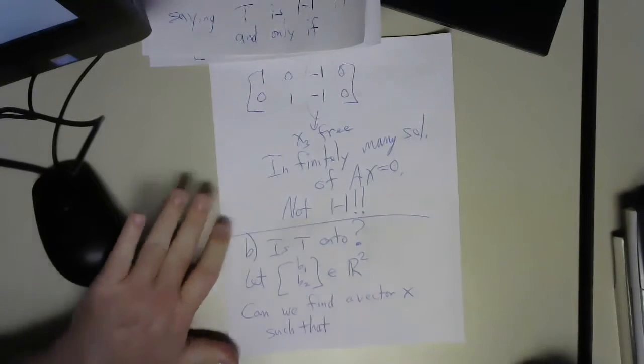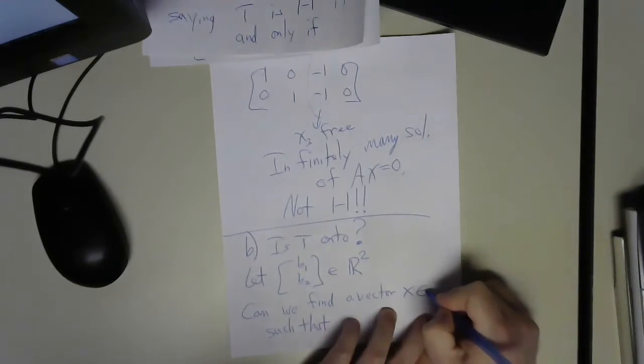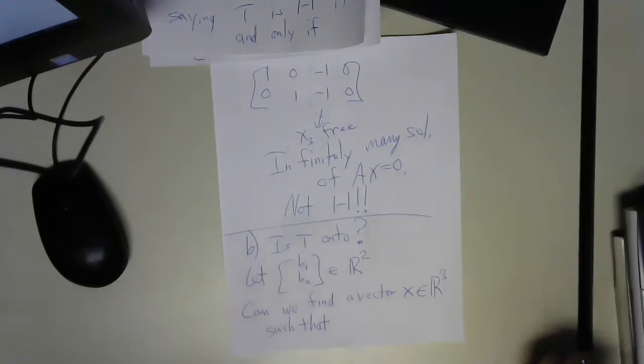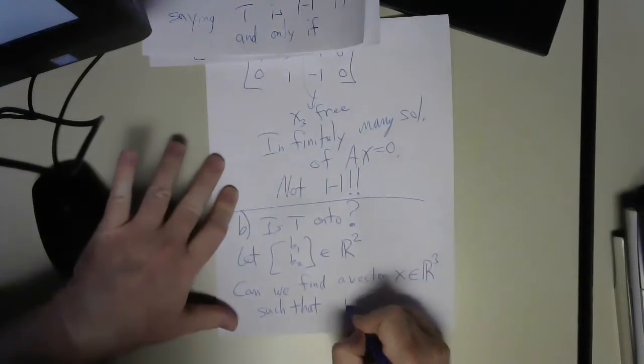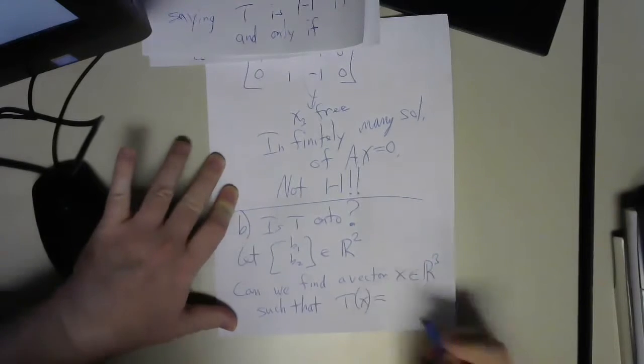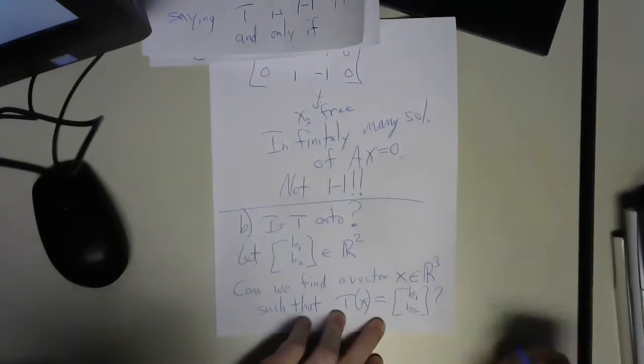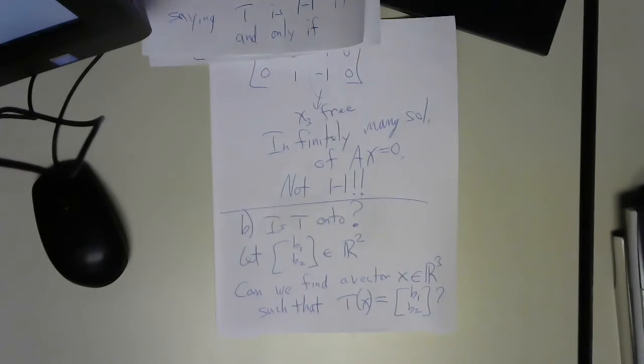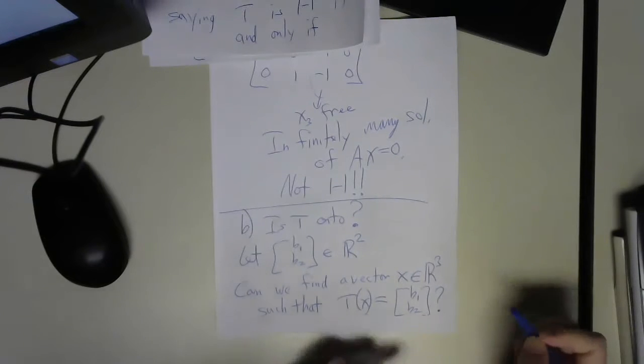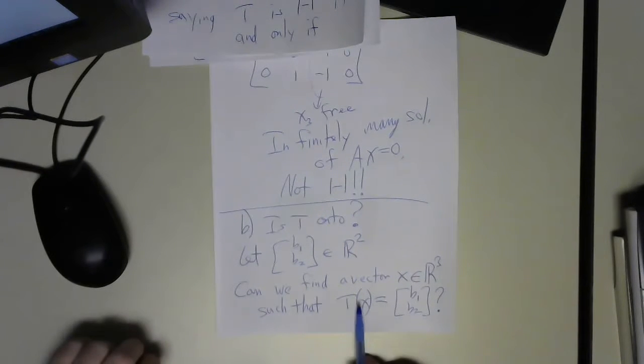So the question is, can we find a vector x in R3 such that T of x is equal to that b1, b2 vector? That's really the question. Because if that's true, then this will always be in the image of some vector x in R3.